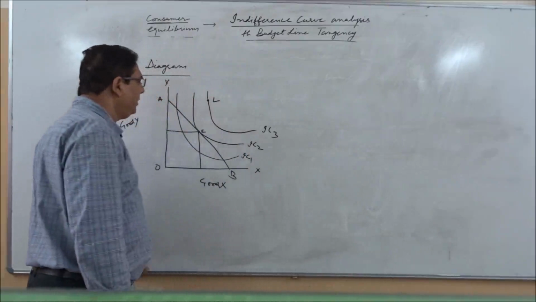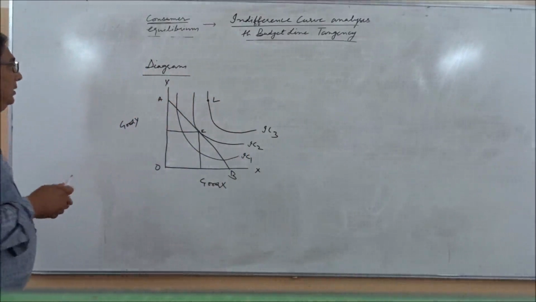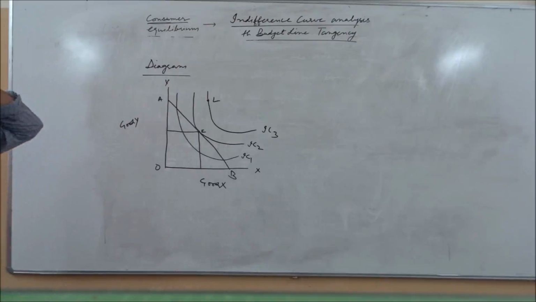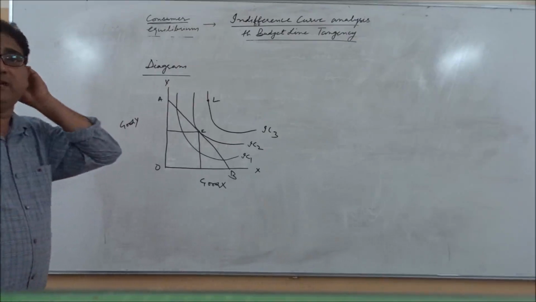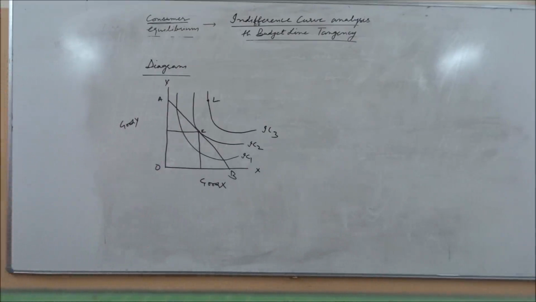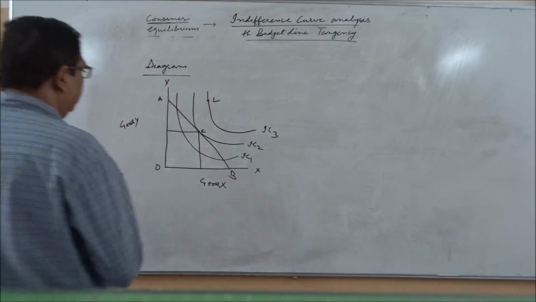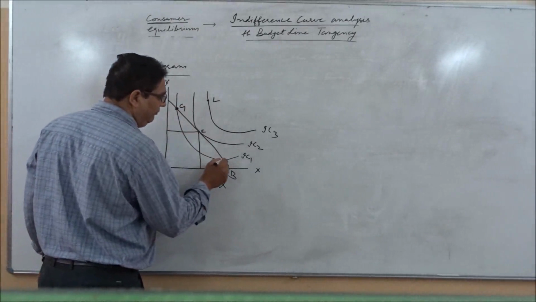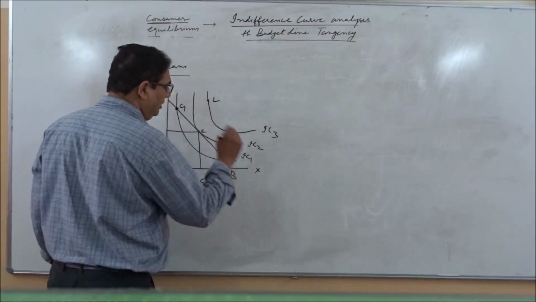This is IC3. There is one more point, that is L point. Now see, there are three indifference curves shown with the budget line. A consumer will have maximum satisfaction at that point where the budget line is tangent to the indifference curve. There is one more indifference curve which is also intersecting the budget line at G and F points, right?